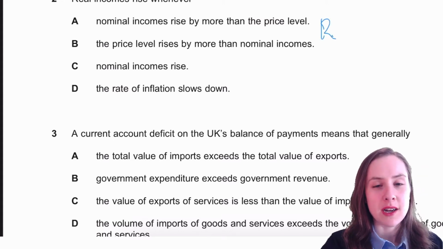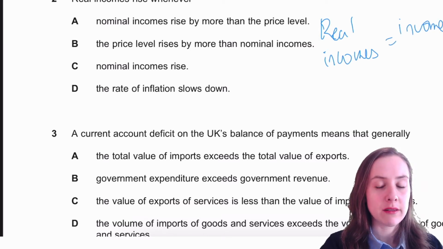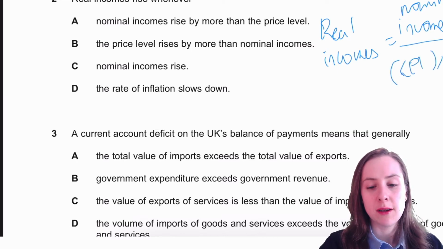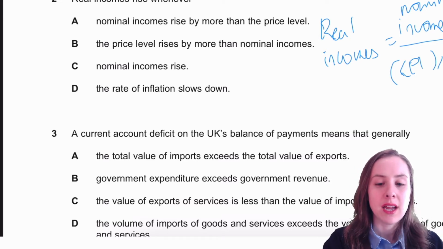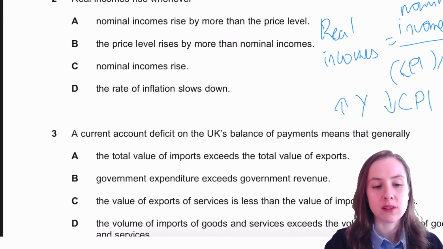Real incomes. Okay, the equation for real incomes, I'll write it down. It's really important to always take your income that's not had inflation, so nominal income, and then you divide it by what's happening to your CPI index. And then just divide that by 100. So real incomes increase if you have more nominal income, whereas if you have lower CPI.